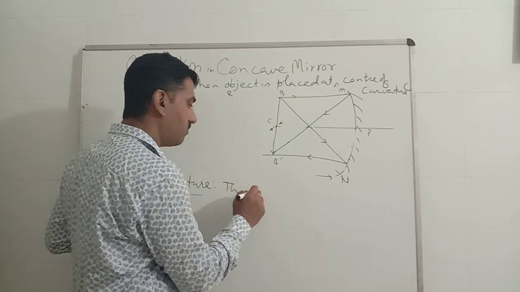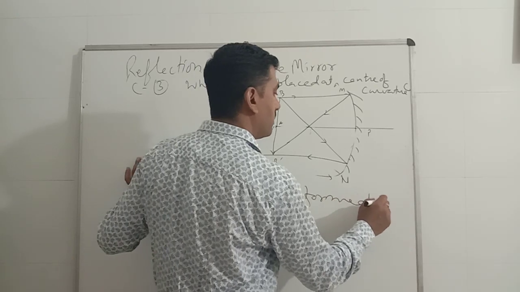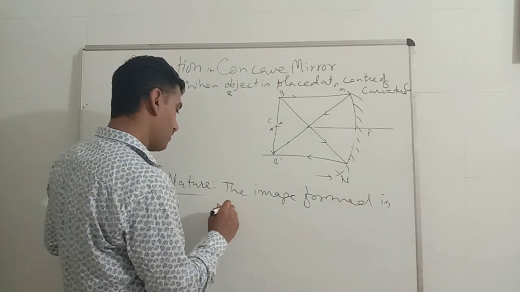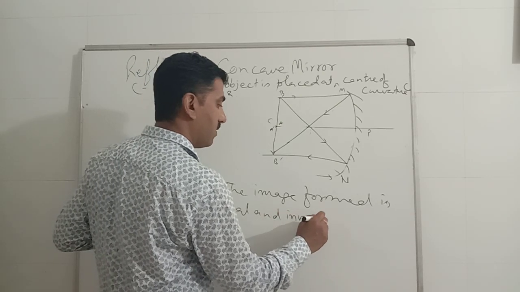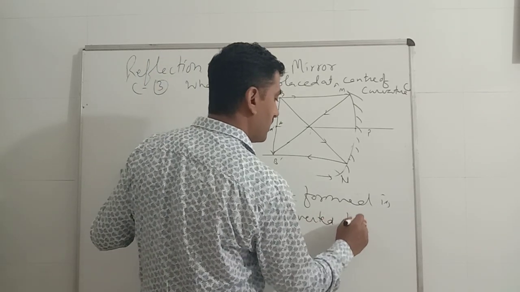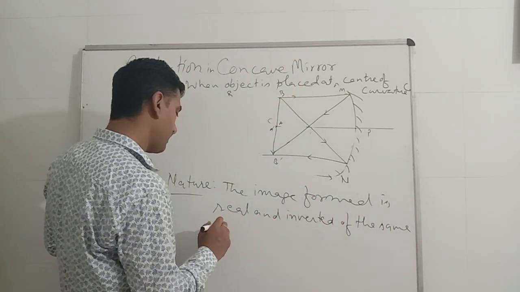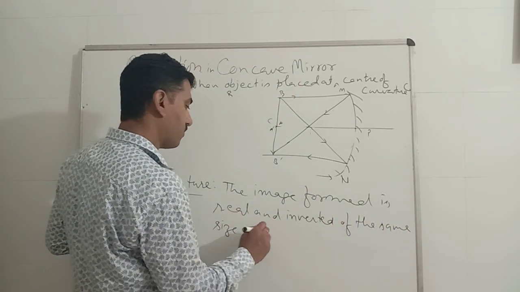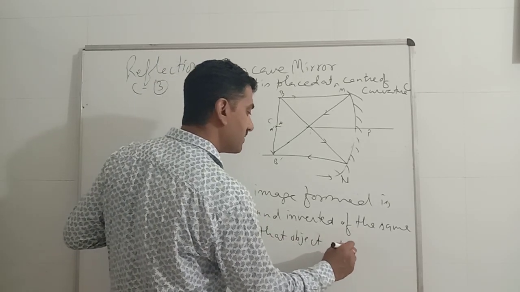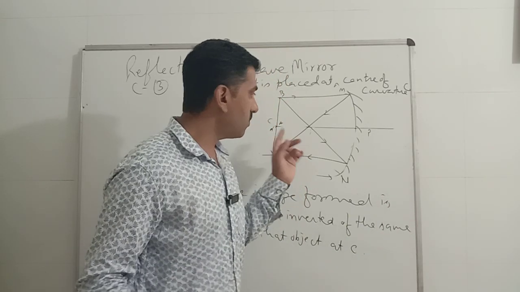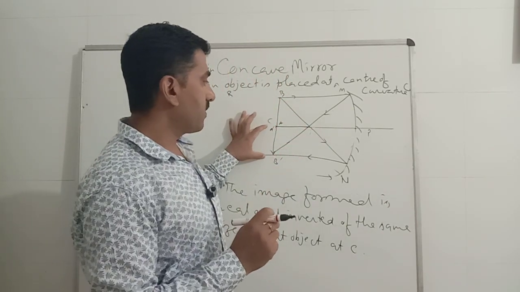The image formed for this case is real and inverted, of the same size as that of the object, at C only. So just below the center of curvature, same size.